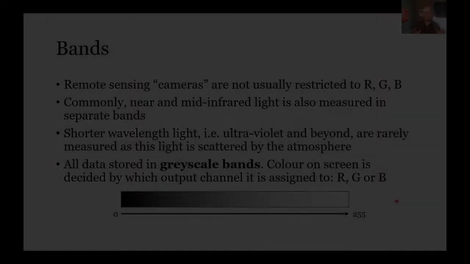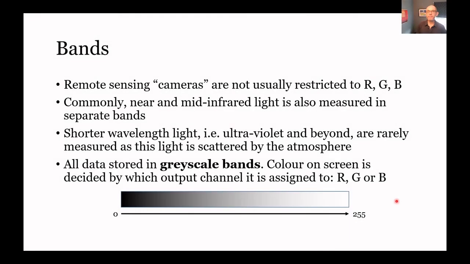That's good. Let's return back to our camera sensors now, our cameras and sensors, the things observing.